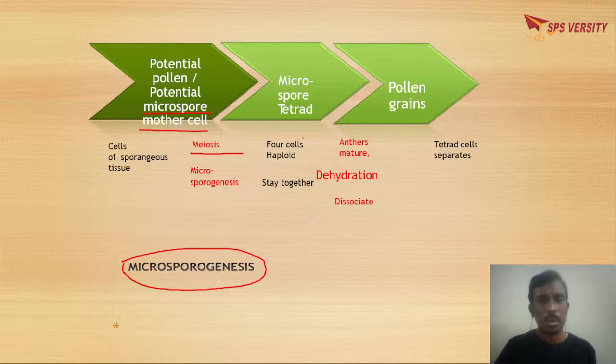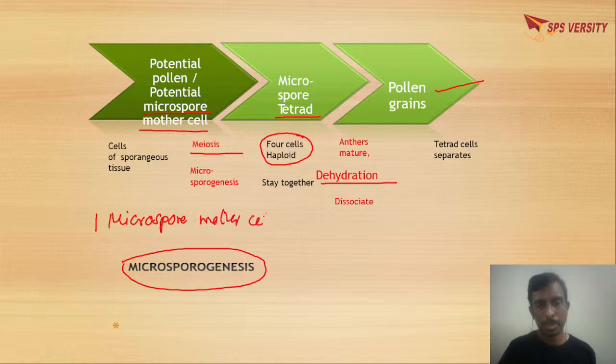So here 4 microspores are formed, which are haploid. As 4 are attached, it is called a tetrad. On dehydration, the microspores separate and they form pollen grains.